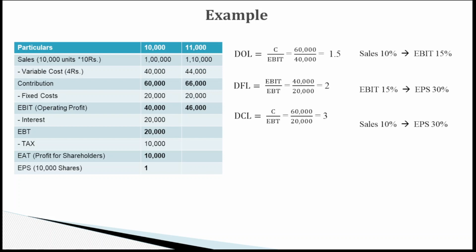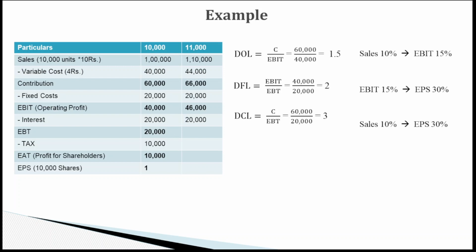Here you can see the increase in sales is 10%, while the increase in EBIT is, see, 40,000 was earlier and now it is 46,000. So it has increased by 15%, not 10%. 15% of 40,000 is 4,000 plus 2,000, we get 6,000.